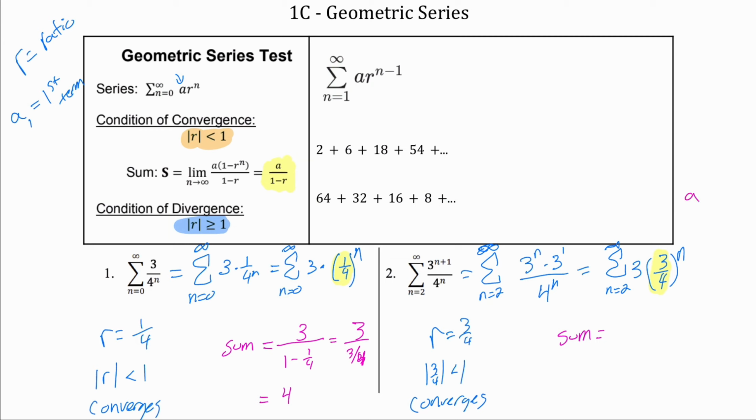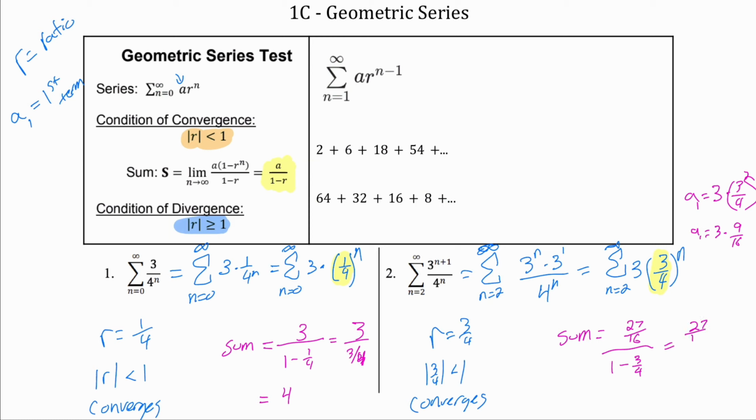My first term, my a1 in this case, is going to be 3 times (3 over 4) to the second power, which is 3 times 9/16, or 27/16. Now we still have to divide that by 1 minus our common ratio, which is 3/4.